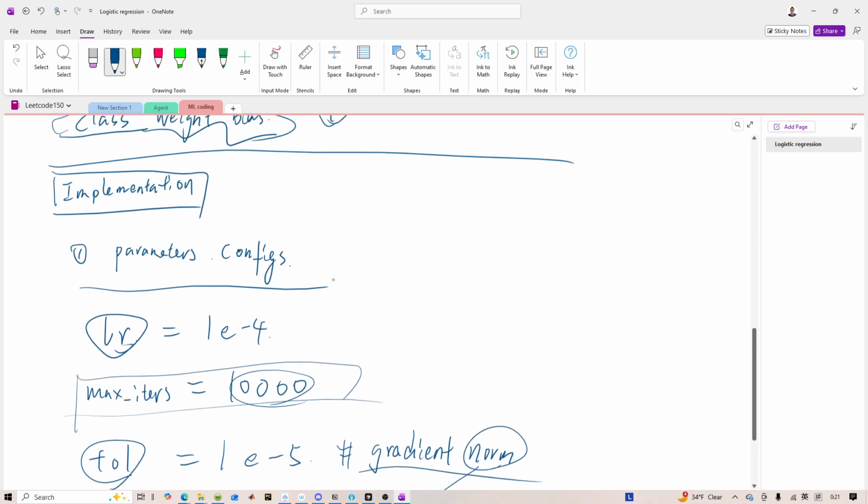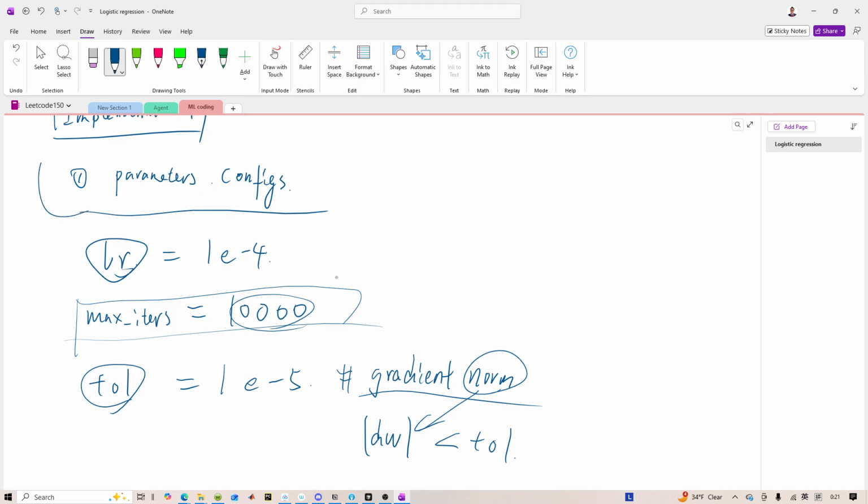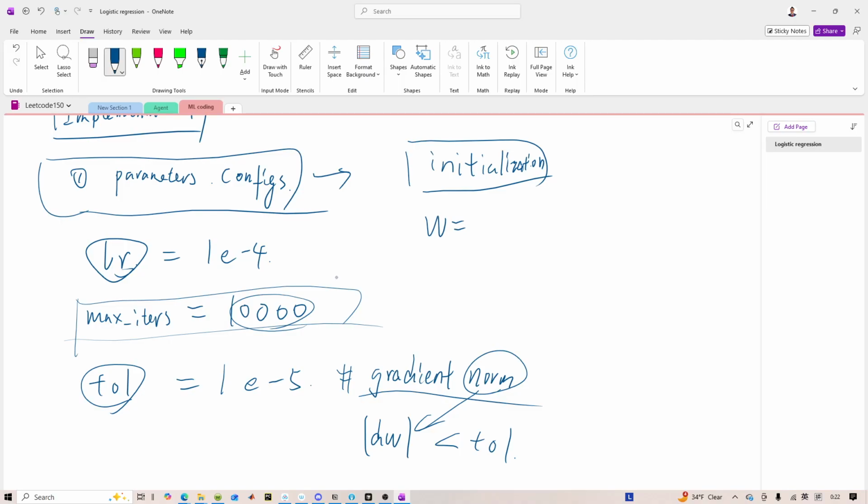And then after thinking about the parameters, we would think about what to do in initialization. For this algorithm, the initialization is not that complicated. You can just initialize everything to zeros for your weights.